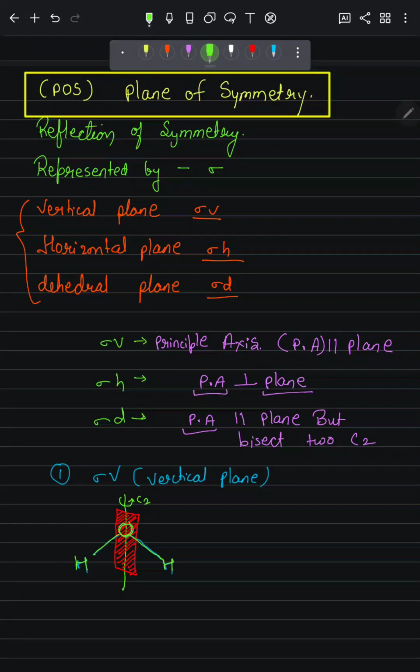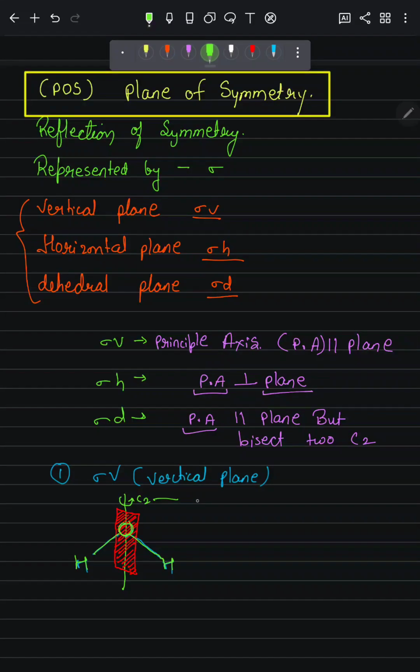To know more about the vertical plane, let's take an example of H2O. As we can see, there is one principal axis, the C2 axis, and there is one plane. If we consider the axes X, Z, and this is Y, then the plane passing here is the XZ plane.